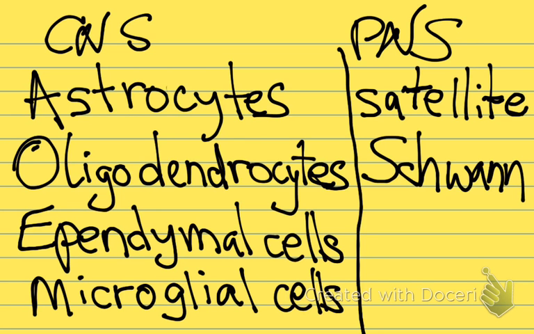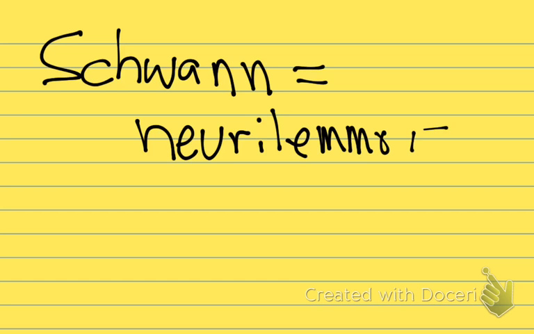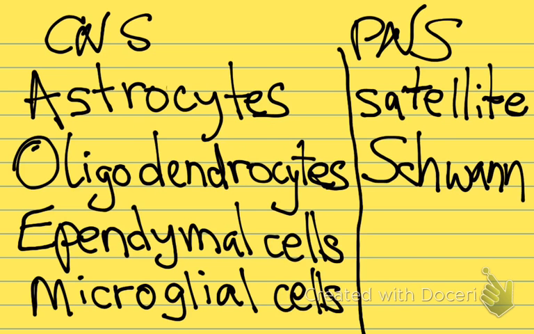The Schwann cell. And the reason is the other name of the Schwann cell is just cumbersome. Neurolimocyte. Which would you rather call it? Schwann's just easier. So 4 in the CNS, 2 in the PNS, and really literally no mixing between the 2.